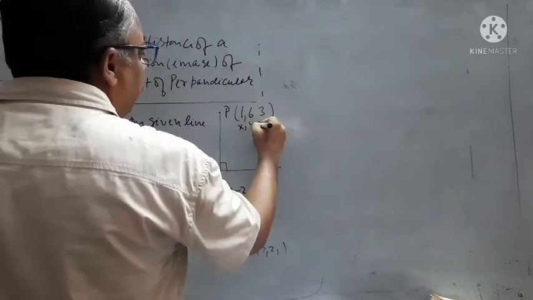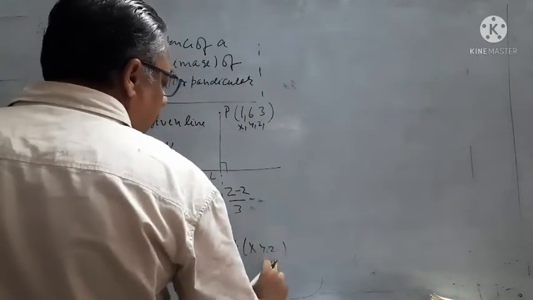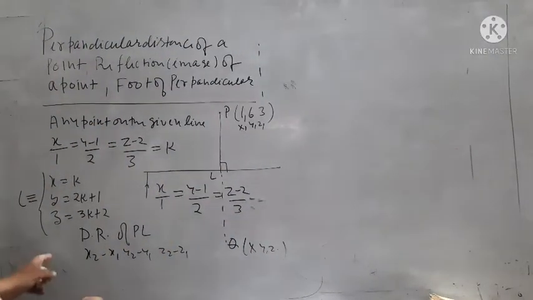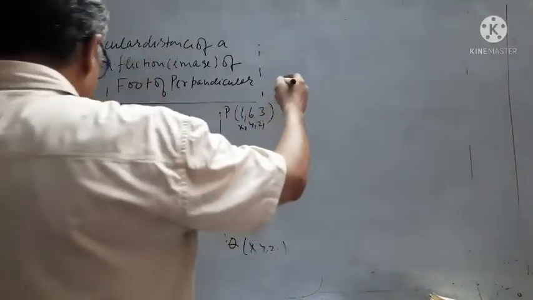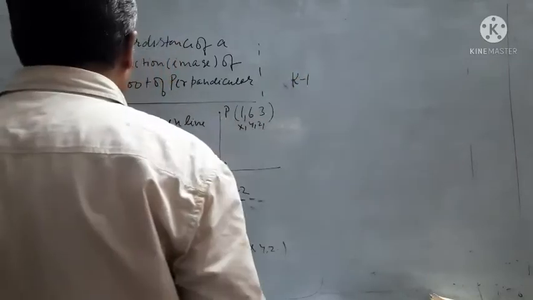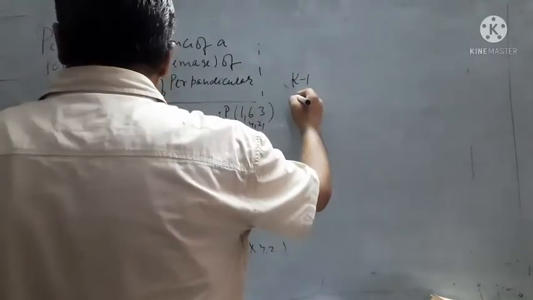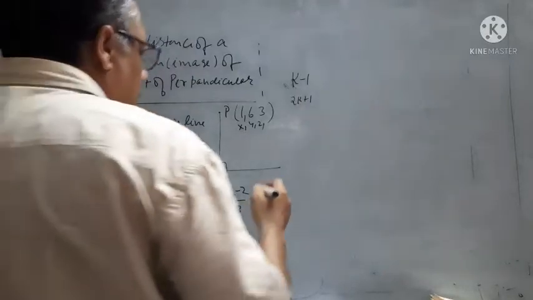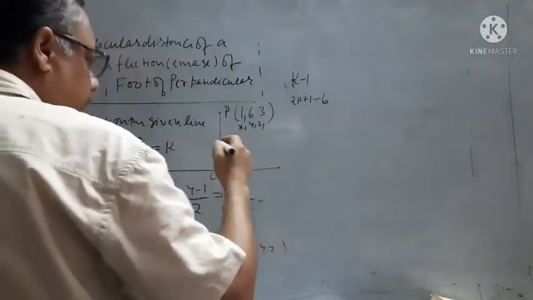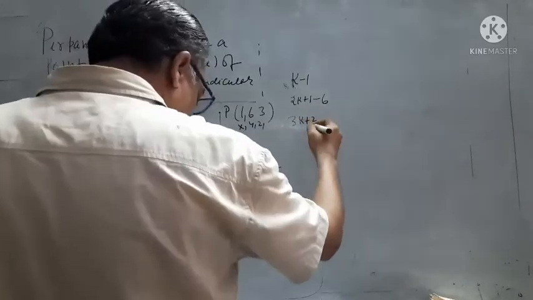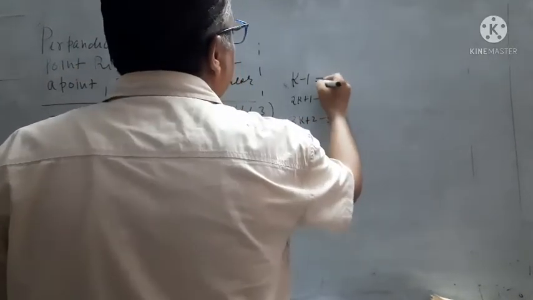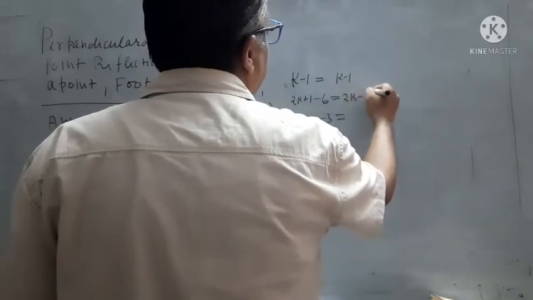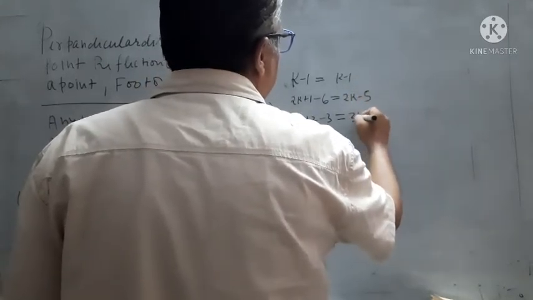Taking x1, y1, z1 as this and L as x2, y2, z2, the DR of this line is k minus 1, 2k plus 1 minus 6, 3k plus 2 minus 3, that is k minus 1, 2k minus 5 and 3k minus 1.